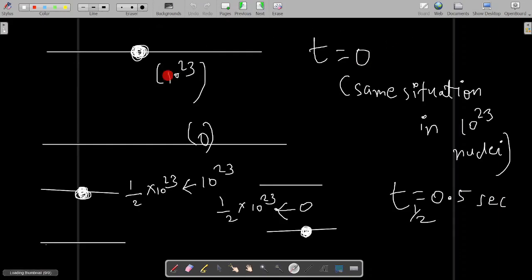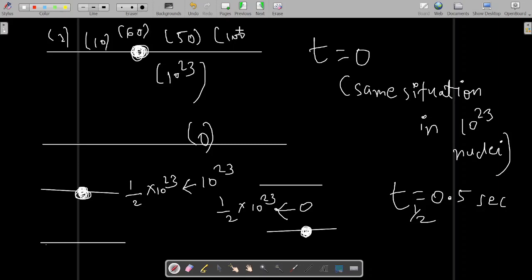Instead of 10 to the power 23 states, only 50 states, or only 10 states, or only 2 states, or 60, or 100, or 500 states have been taken.